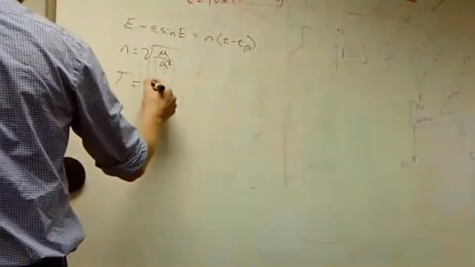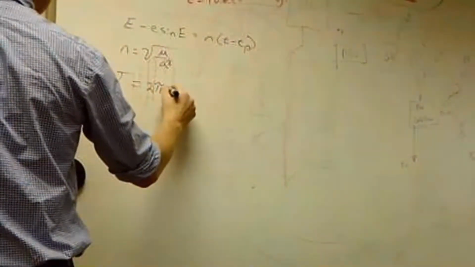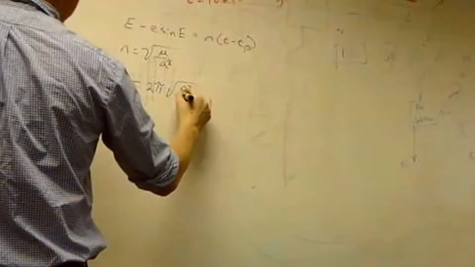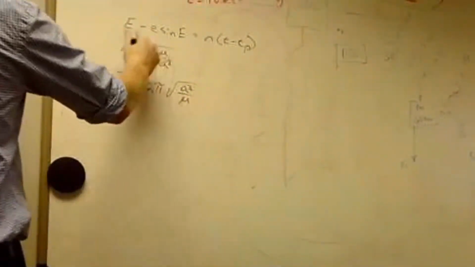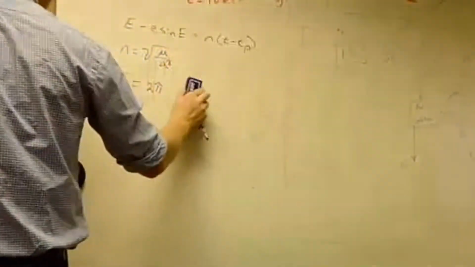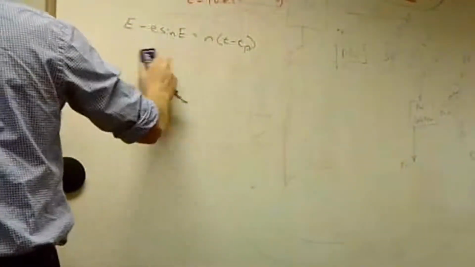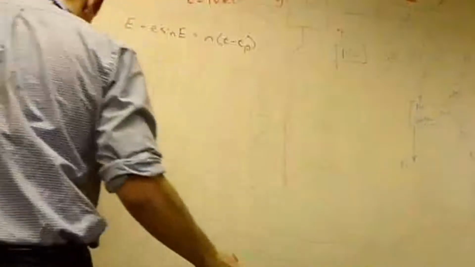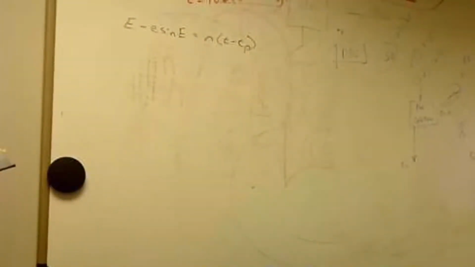But our period, which is 2 pi square root of a cubed over mu, is where our mean motion comes out of. Anyways, so running through this real quick.